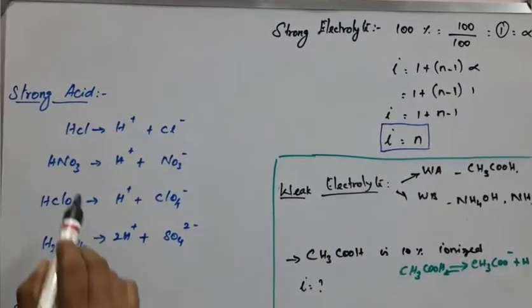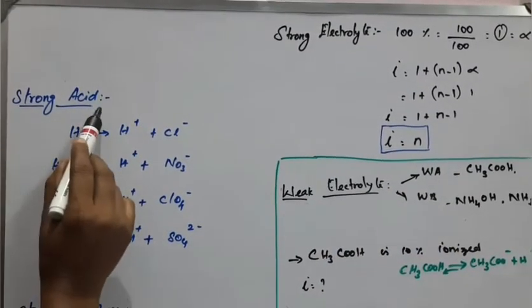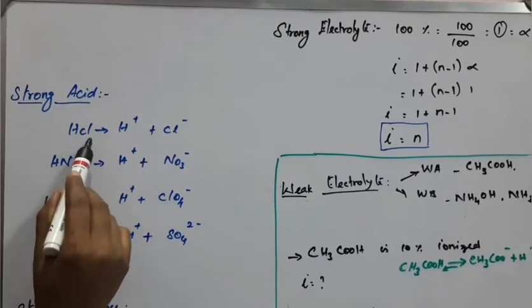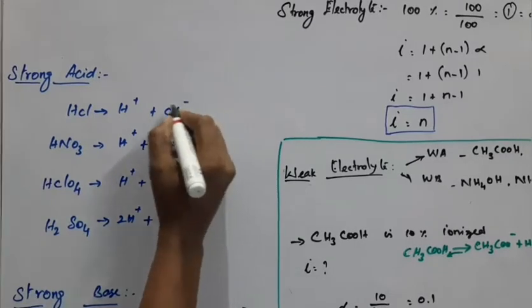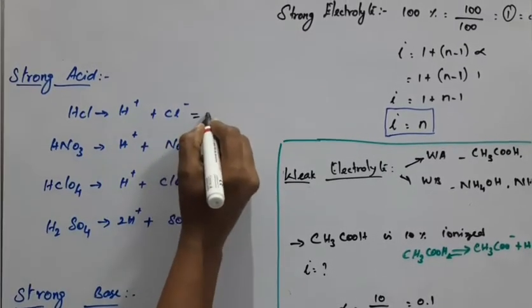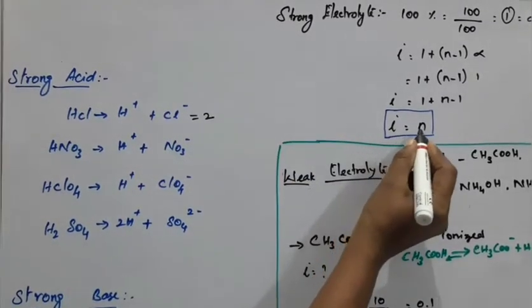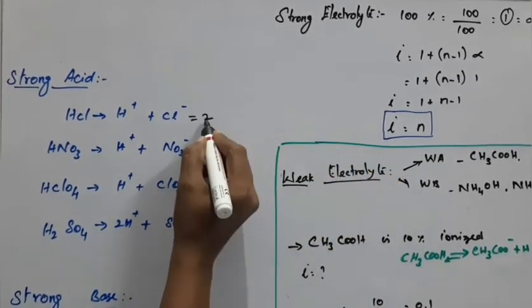Here we can take strong acids. HCl dissociates into H+ and Cl-, so 1 plus 1 equals 2. So n equals 2 and the i value is also 2. Same for HNO3, which gives H+ and NO3-: 2 particles, n equals 2, so i is also 2.